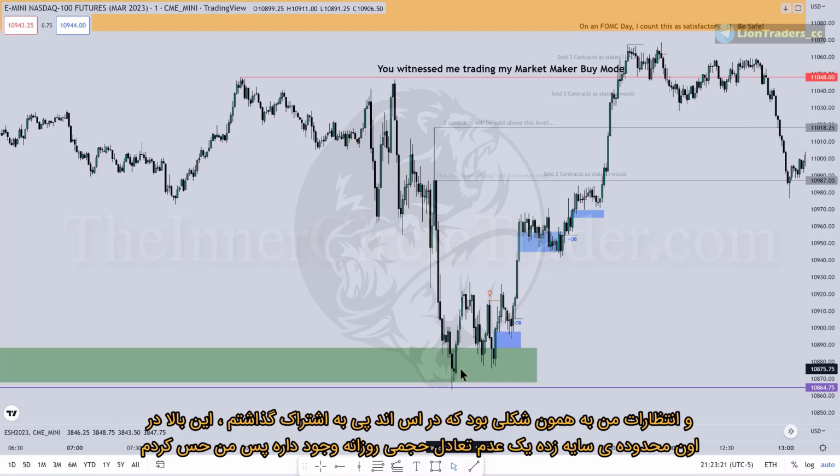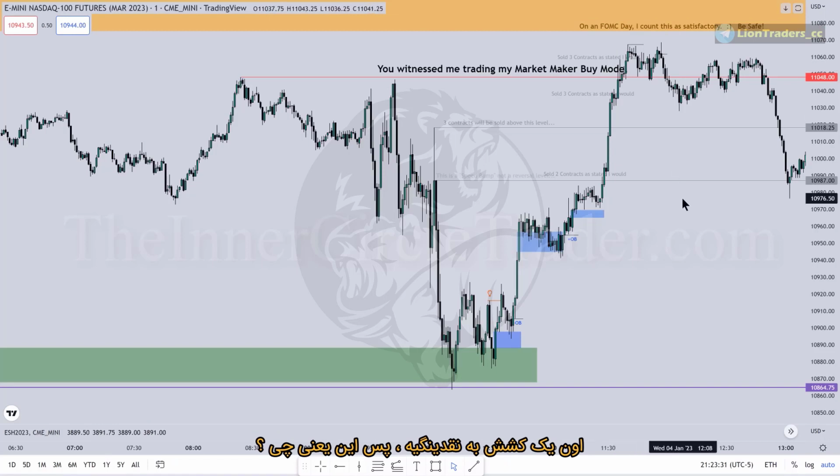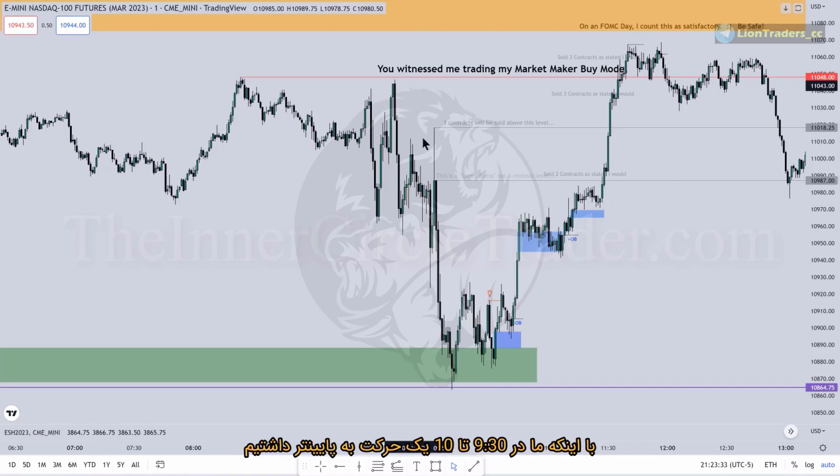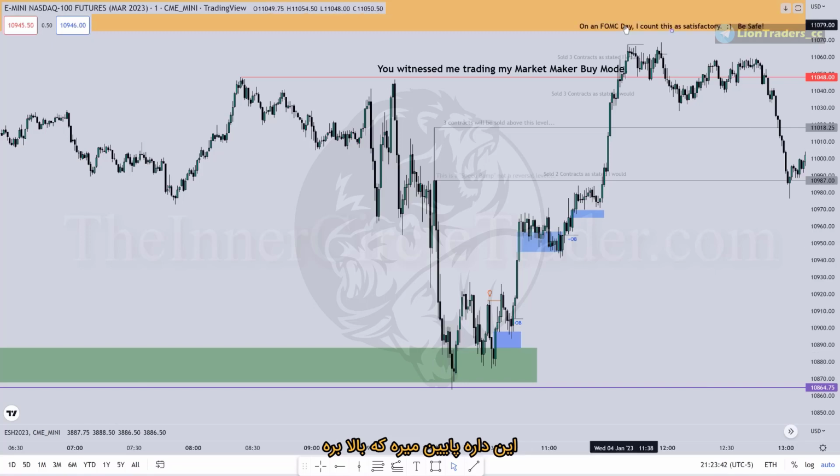And my expectation, much like I was sharing with the ES, there's a daily volume imbalance up here in that shaded area. So I felt that was a draw on liquidity. So that means what? Even though we had a movement lower at 9:30, going into the 10 o'clock hour, it's going down to go up.